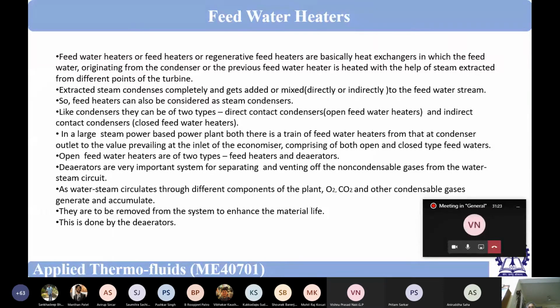One can imagine that maybe they are simple also in design, but it is not so exactly, because for a good amount of heat exchange between the two streams, many things are needed.